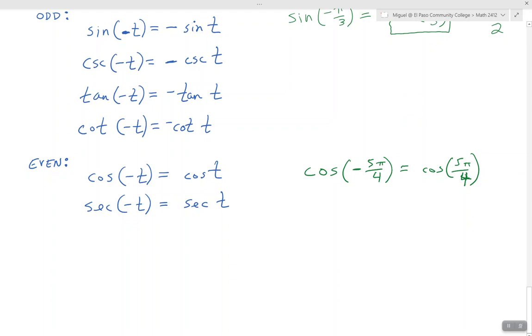So it reflects over the y-axis. That's when you know if something is even. The cosine graph is like this. Notice how you can fold it over the y-axis. So that's how we know that one is even.